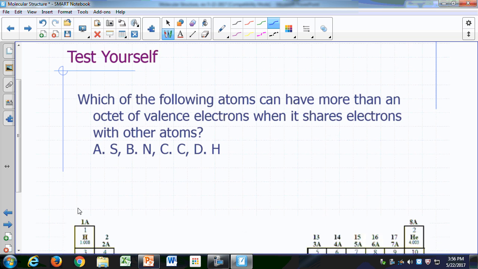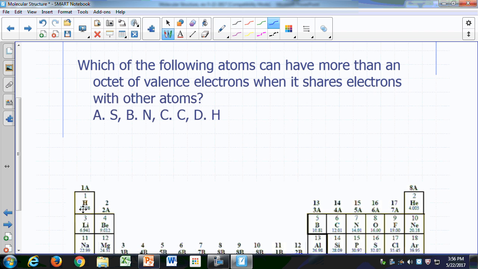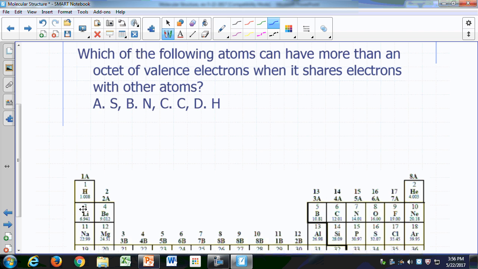How about this question right here? Which atoms can have more than an octet of valence electrons when it shares electrons with other atoms? Sulfur, nitrogen, carbon, or hydrogen. Well, if you want more than an octet, you have to go beyond row number 2.